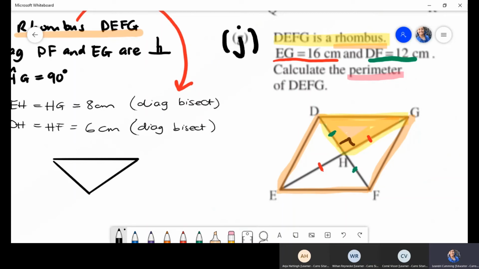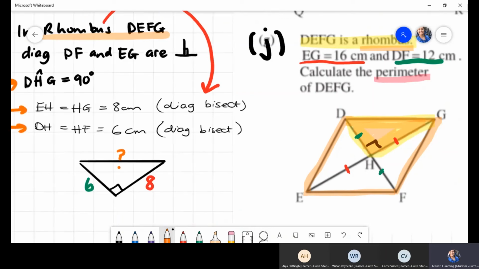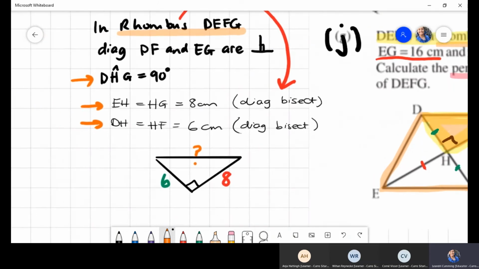Now, what I have here, my 90, what I have here, we say DH is 6. And what I have here, we said that HG is 8. I ask myself, do I have the hypotenuse? No, I do not have the hypotenuse, therefore I will add.